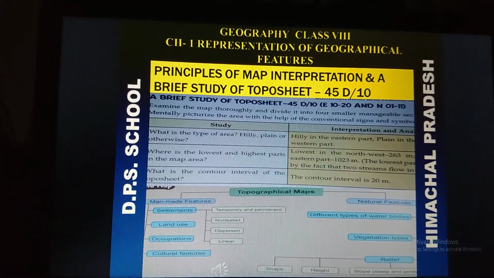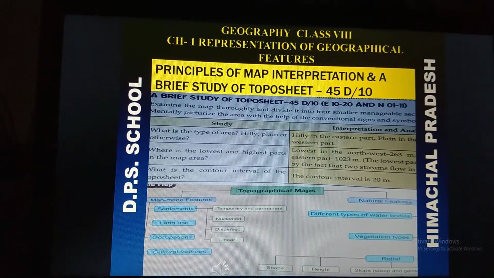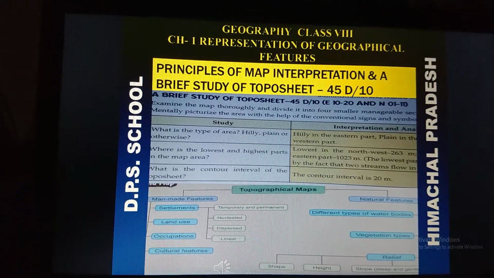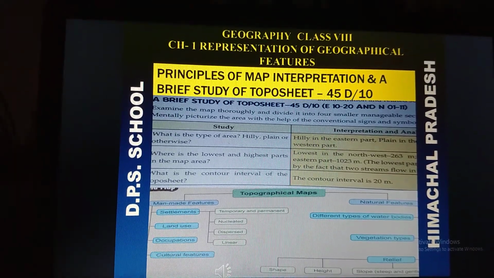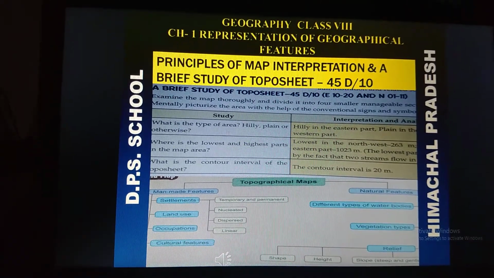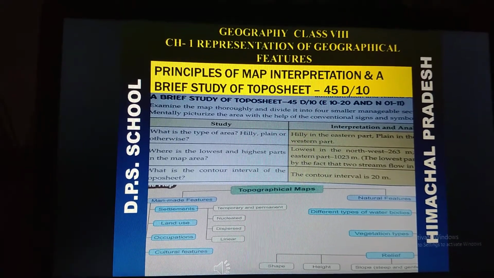Let us see the study. What is the type of the area? Hilly, plain or otherwise. You see that it is hilly in the eastern part, plain in the northeast or northwest and western part. Then we see what are the lowest and the highest parts in the map area.